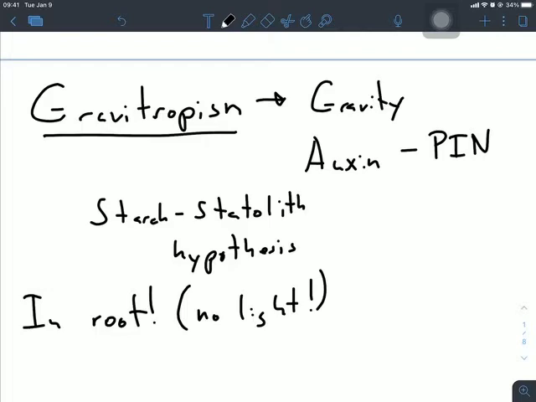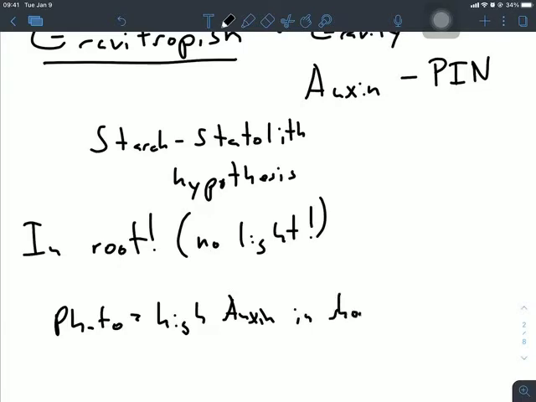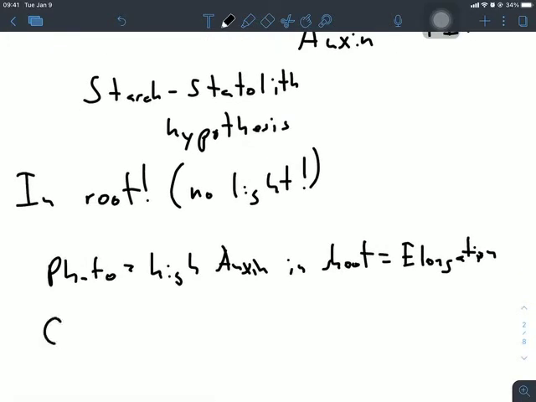Whereas in phototropism, high auxin in the shoot led to elongation. We will see how in gravitropism, high auxin in the root will lead to the opposite effect, growth suppression.